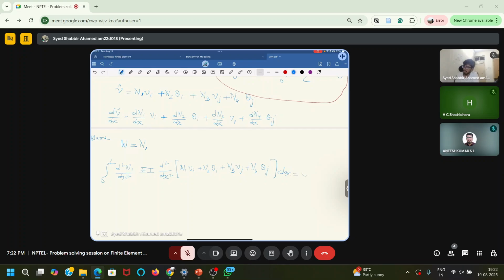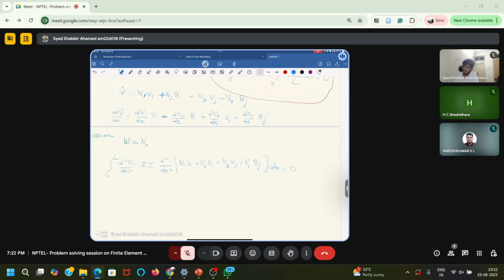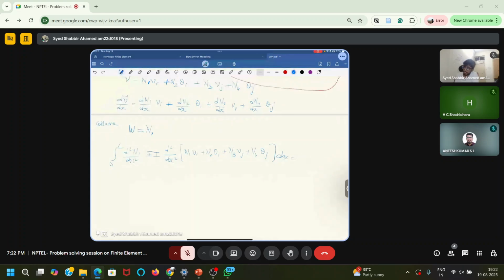So this is my left hand side. And there is also a right hand side.